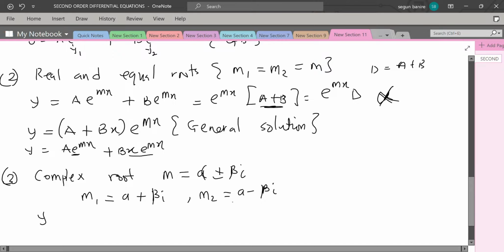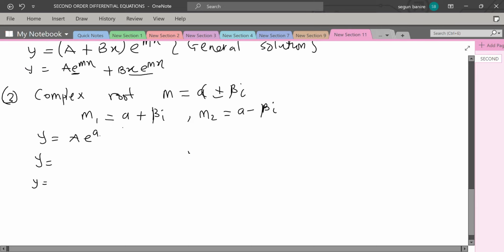So this is more like a distinct root. If you put this into the distinct root formula, you get y = A e^((α+βi)x) + B e^((α−βi)x). Sorry, there is an x here, so you are meant to put an x, because it's mx.